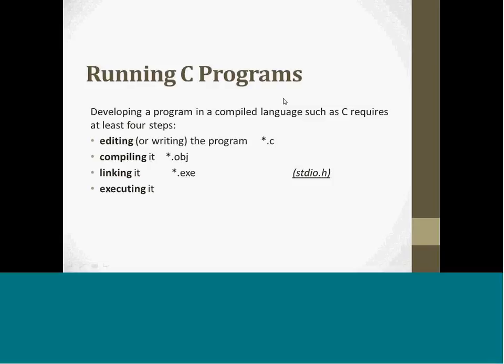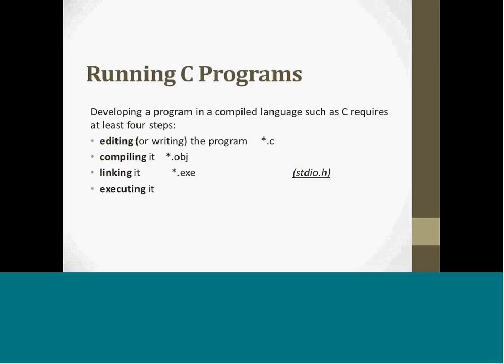You cannot directly run the .c file on any computer system. The C file has to be translated into data that the CPU can understand. So that's why we compile it. This process will generate an intermediate file called an object file, the .obj file.